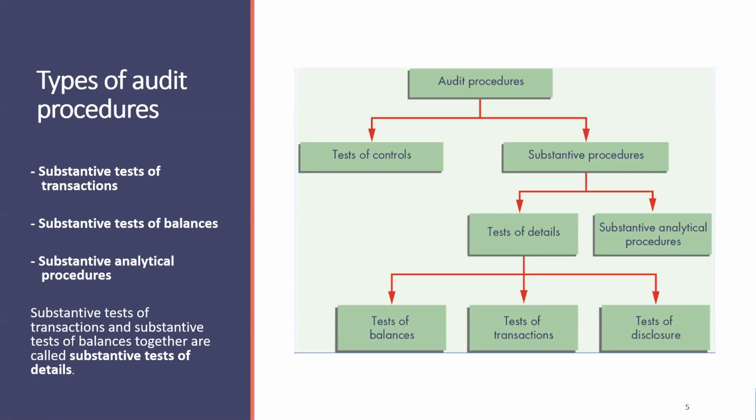For example, in each audit area, some assertions are important, are material. And so materiality could be one criterion for the auditors to identify which account, which assertion they need to focus on.